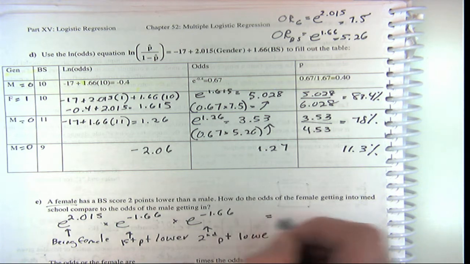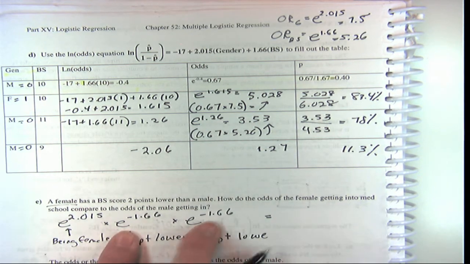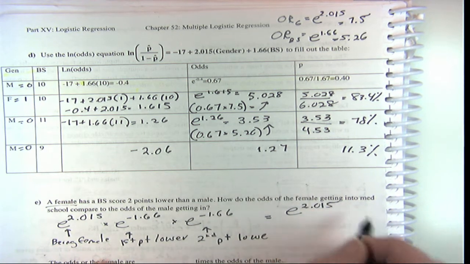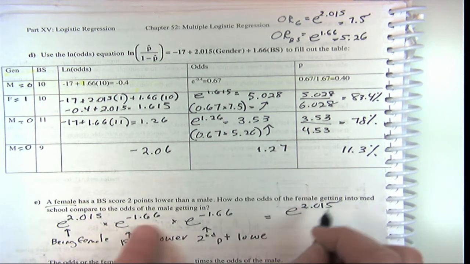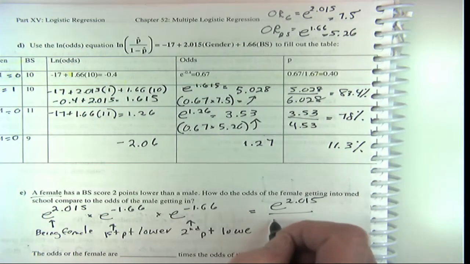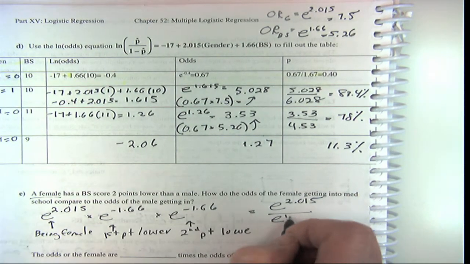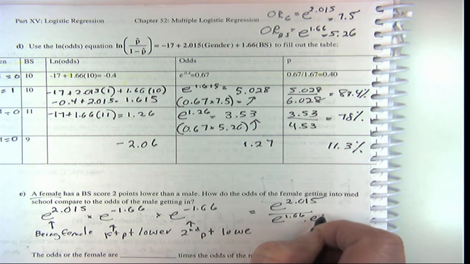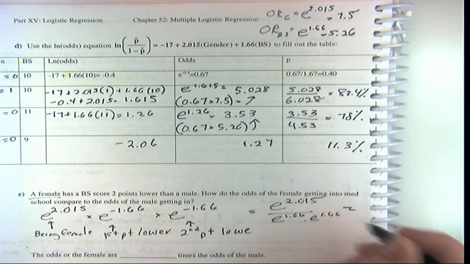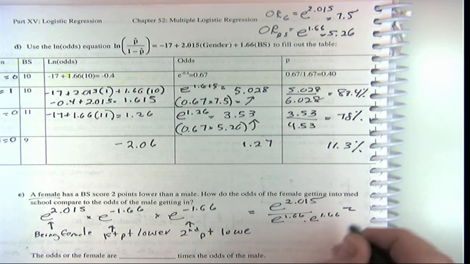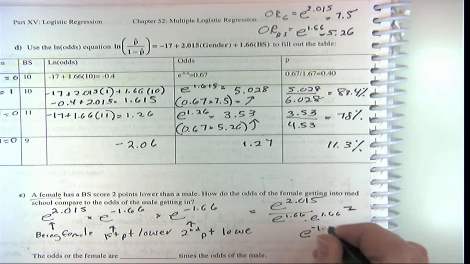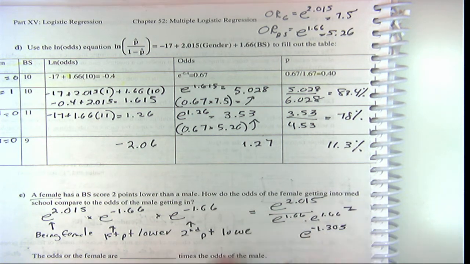By the way, you could see it's the same thing as, here's for being a female. And instead of multiplying, we'd be dividing by this. When you put a negative there, that's the same thing. And what we got when we did all this is e to the negative 1.305, right?